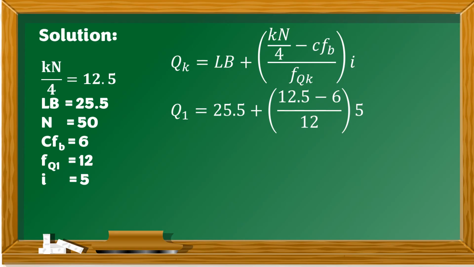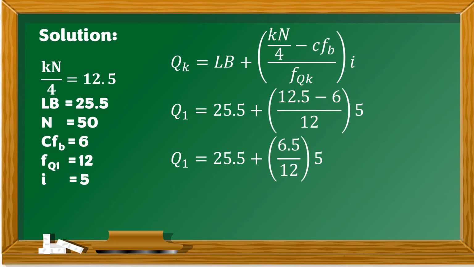That is equal to the lower boundary, 25.5, plus kn over 4, which is 12.5, minus the cumulative frequency below the lower quartile class, 6, over the frequency of the quartile class, 12, times the interval, 5.